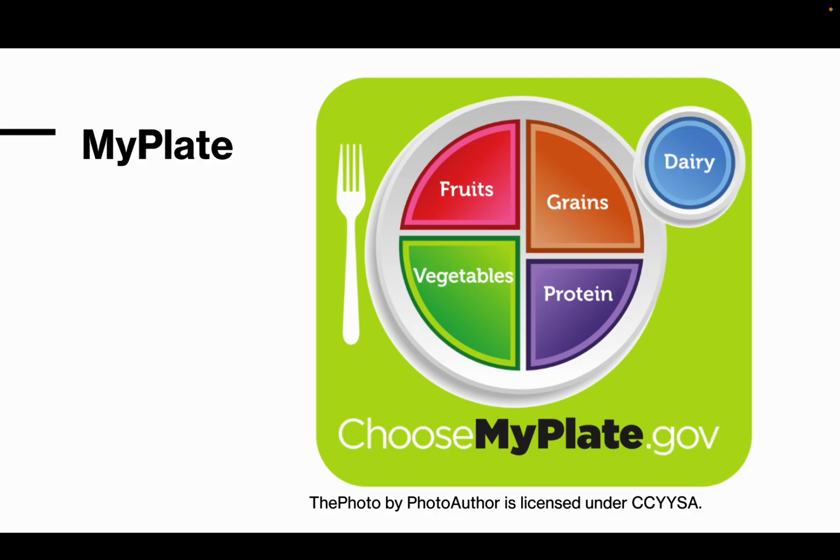For example, filling half of your plate with fruits and vegetables ensures ample vitamins, minerals, and fiber, while a quarter allocated to grains and another quarter to protein provides energy and muscle support. Now, the inclusion of dairy or dairy alternatives ensures adequate calcium and vitamin D intake.